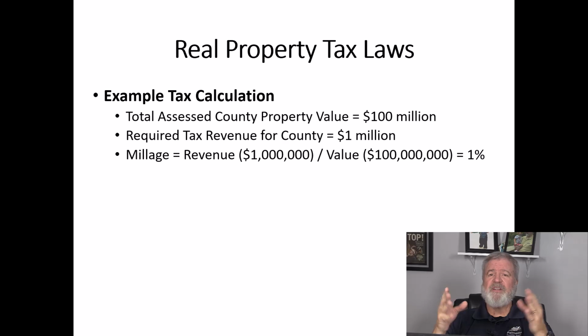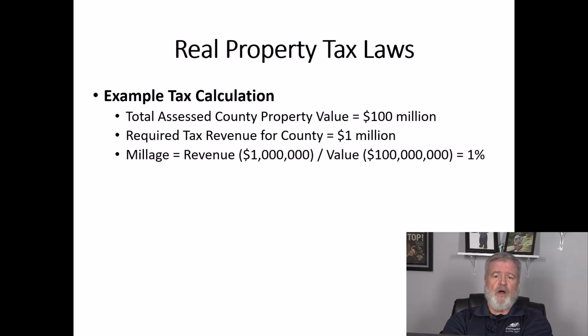It seems kind of low, but this is just trying to show you an example of how it works. I'm sure most counties would be a lot more than that. But if you added up the value of every property throughout the county, in this example, we come up to $100 million in property value.